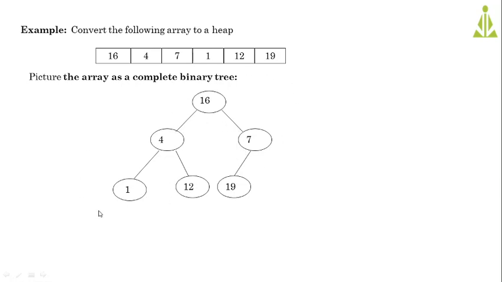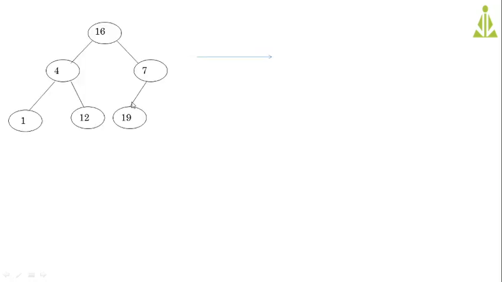We cannot say this is a heap, and we cannot say this is a max heap or min heap, because here 19 is the highest and 1 is the lowest, and neither is at the root. So this is called a complete binary tree, but we cannot say this is a heap. So how will you convert this? The data we have is 16, 4, 7, 1, 12, 19.